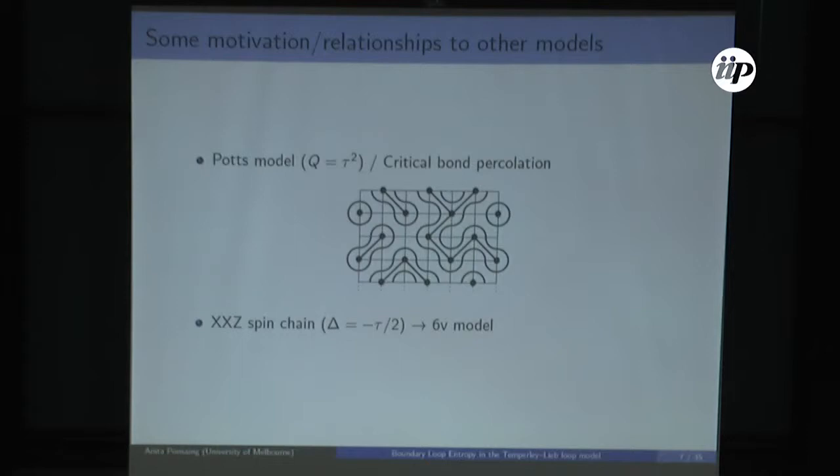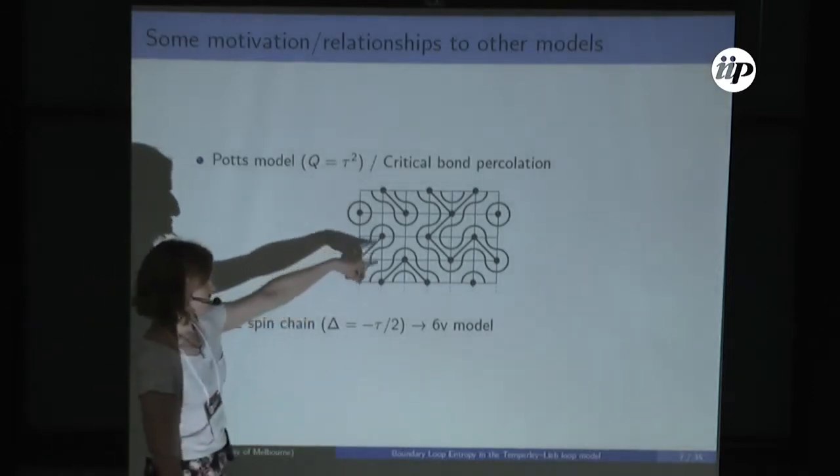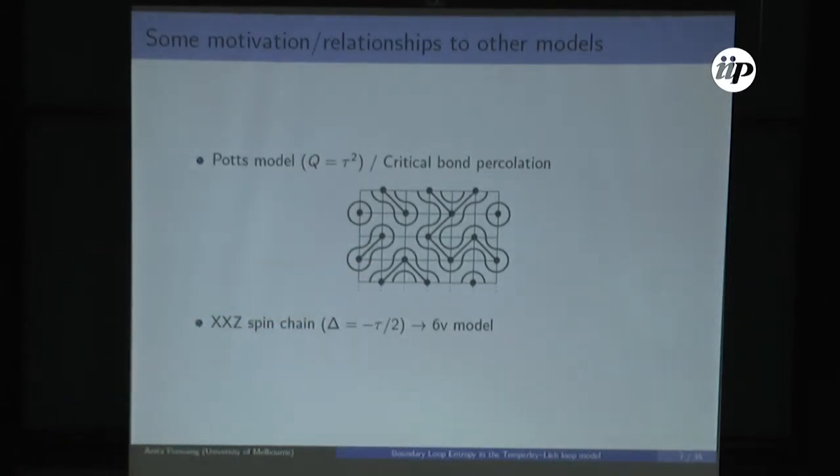No, that's all right. Okay, so just to give some background, some reason why you might be interested in this loop model, now that I've defined it, it's closely related to critical bond percolation and also to the Potts model by the same sort of relationship. So in critical bond percolation, we have a square lattice of sites, and each pair of neighboring sites might be connected by a bond, or they might not.